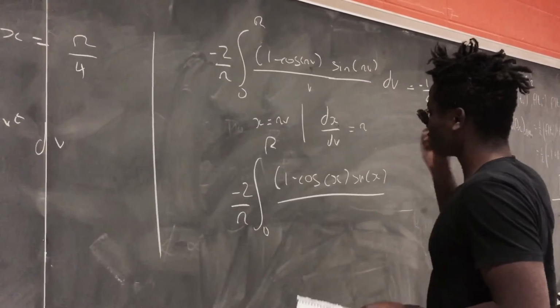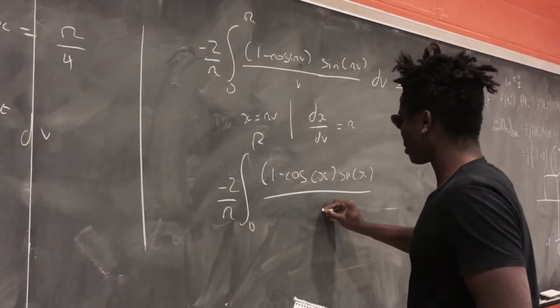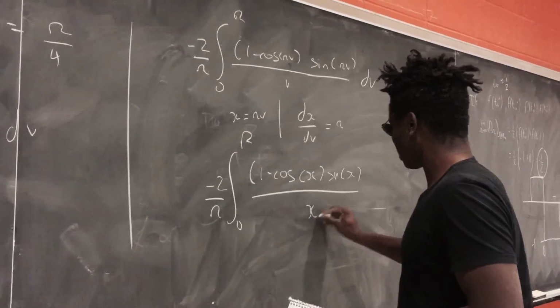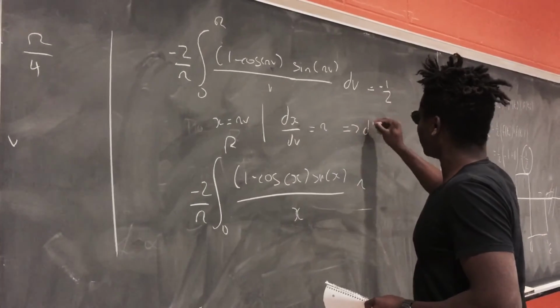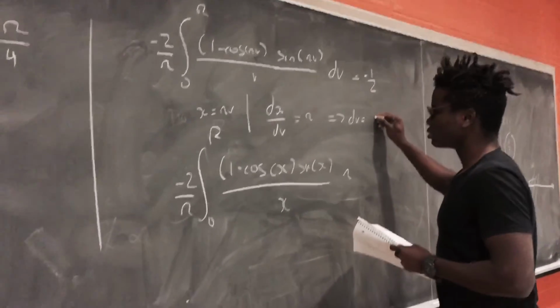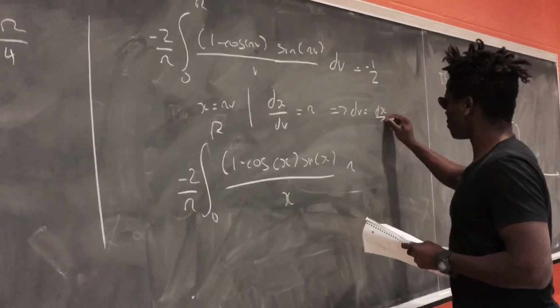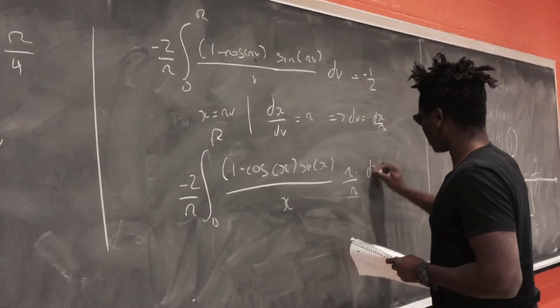What did I say again? Pi, and that means that dv is going to be equal to dx over pi times dx.